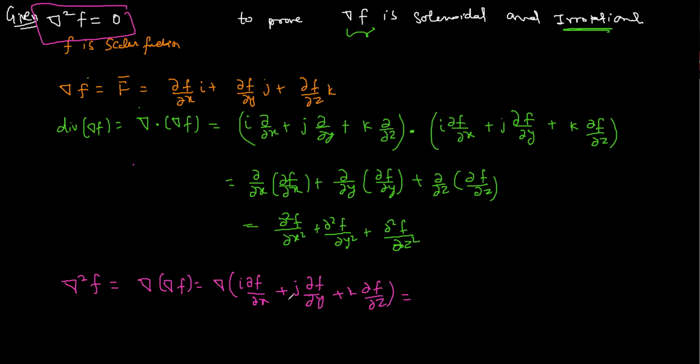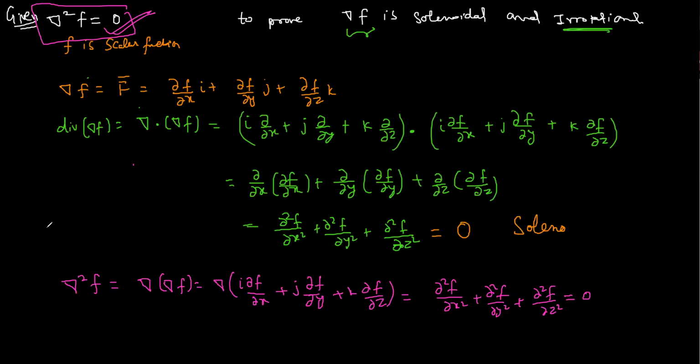When you again take the divergence, directly you can write del square f. And the value of this is zero, right? So from the given condition, it is zero. That's why you can say this is solenoidal.